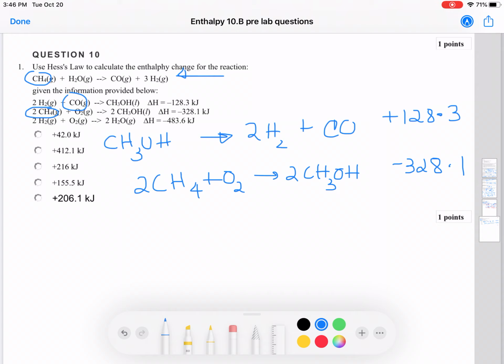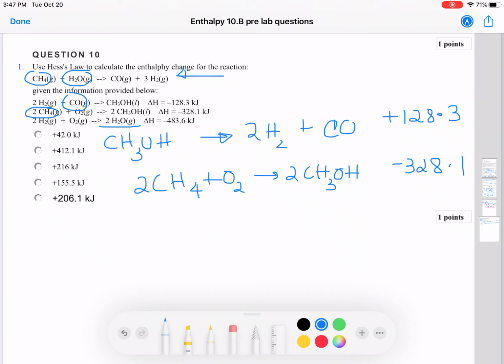So the last one, the formation of water, hydrogen plus oxygen giving water molecules. We also have water in our target reaction.